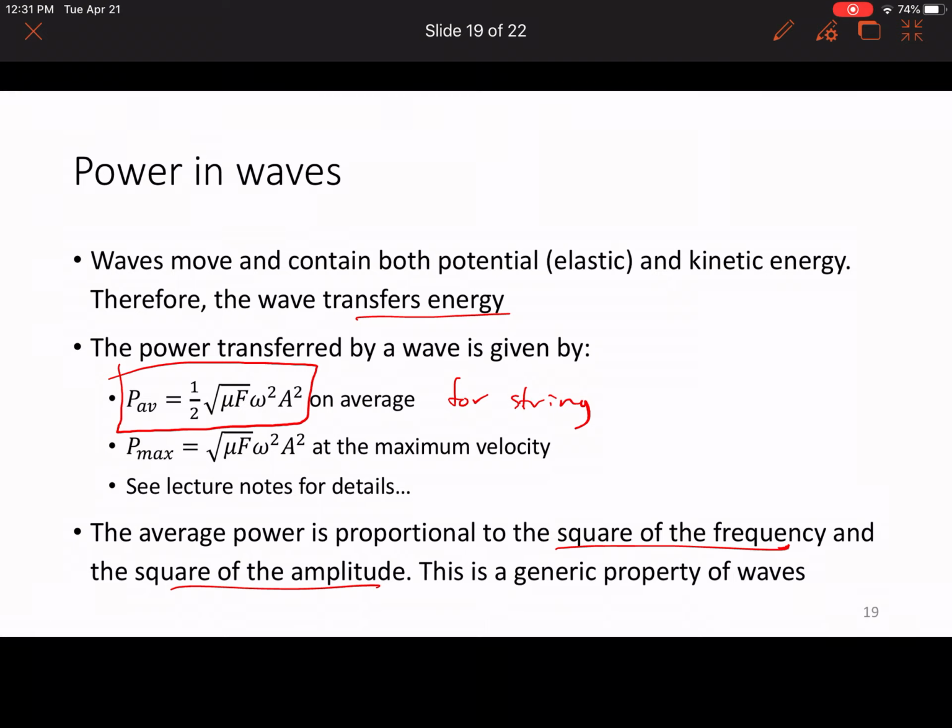You can think of that as the velocity of the string: A times omega is like the maximum velocity, and energy is like velocity squared, so that's omega squared A squared. It's a general rule, and we'll see it again if you come to electromagnetism. At any rate, that's how waves behave on a string.